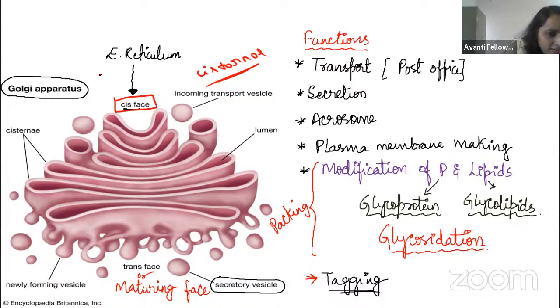It is the convex structure, or we will call it the receiving face, because from the endoplasmic reticulum it receives the protein for modification.